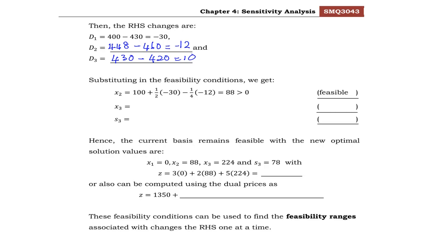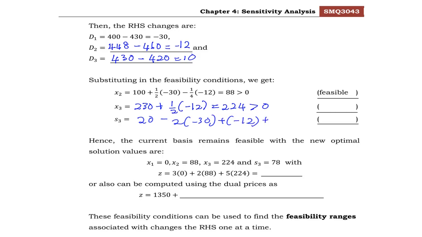So by substituting in the feasibility conditions, we get x2 equals 88, x3 equals 230 plus 1/2 times negative 12 equals 224. So greater than 0. And s3 is 20 minus 2 times negative 30 plus negative 12 plus 10.